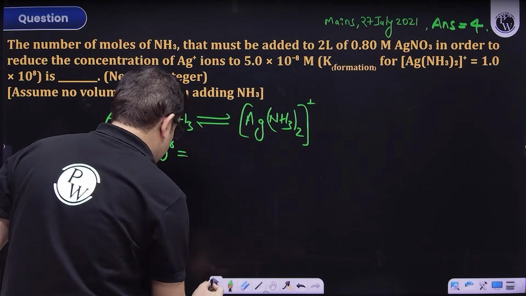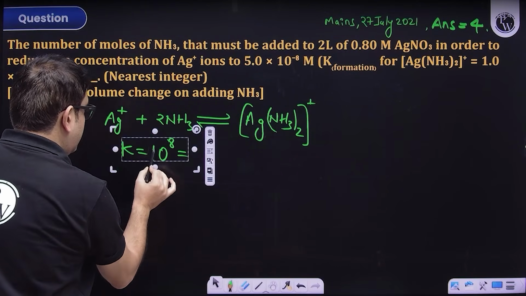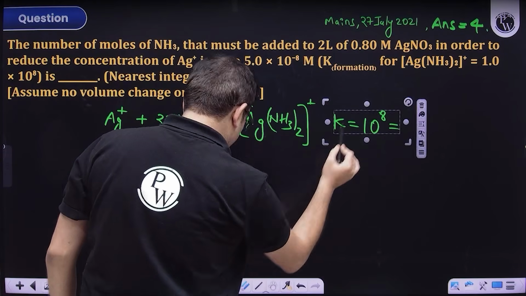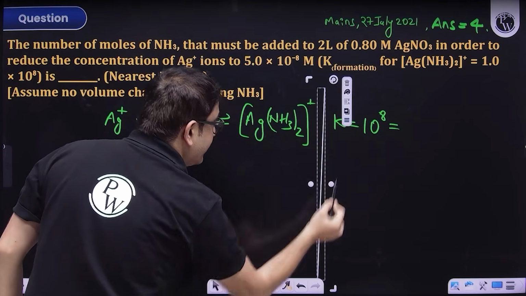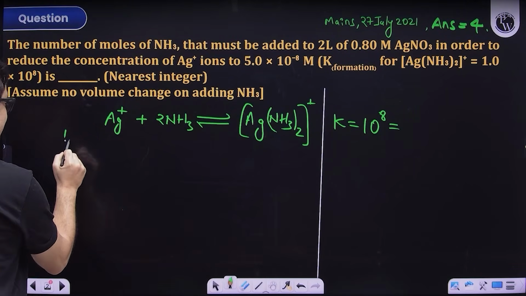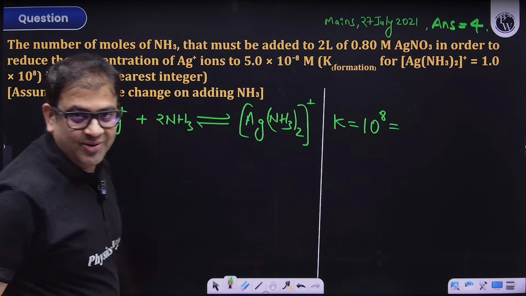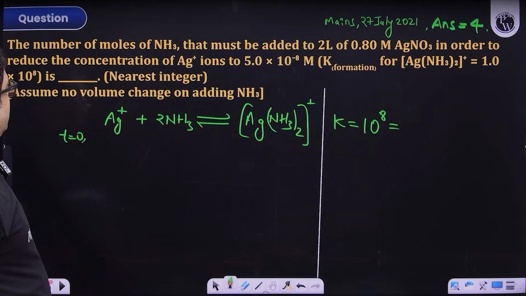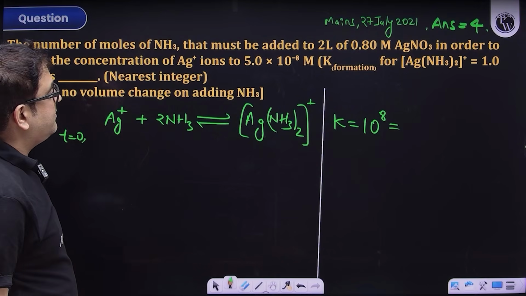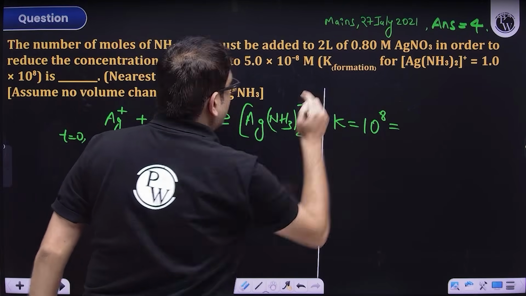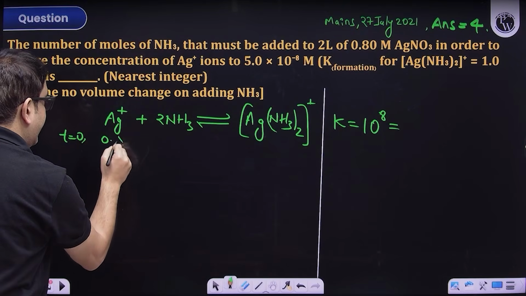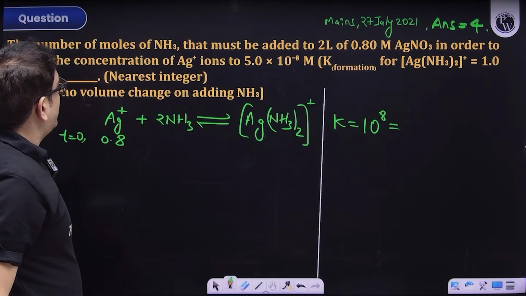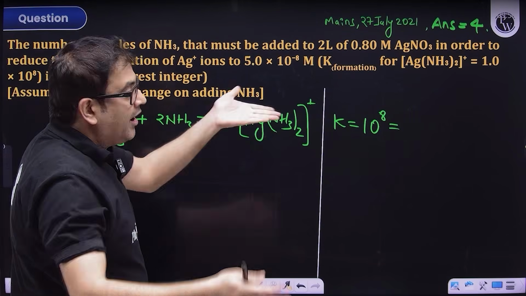One thing I am replacing over there. Why? Sir, because I need this stoichiometry. At t equal to 0, what amount of Ag plus have I been given by the salt? So 0.8. What number of moles of ammonia has to be taken, that you have to tell.